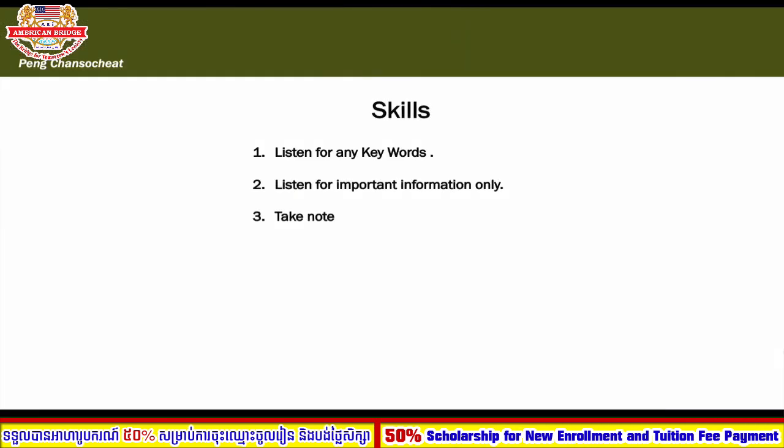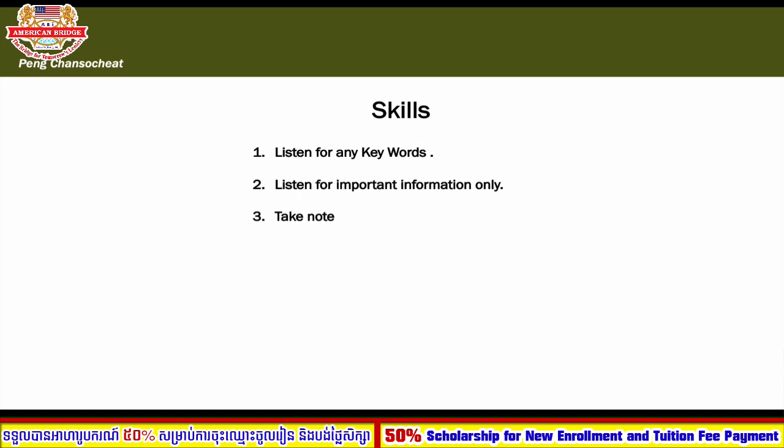How about the second skill? It is to listen for important information only. As you listened earlier, it is a long speech, which is 2.5 minutes, but you need to read only 5 statements and decide whether those statements are true or false.